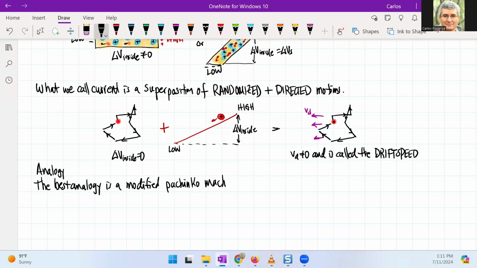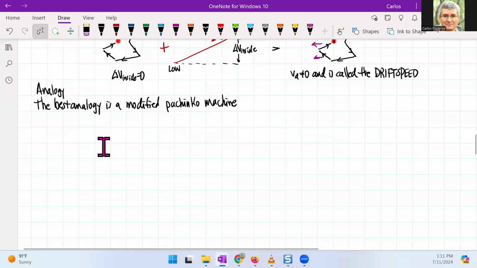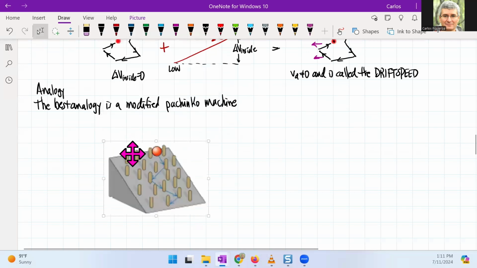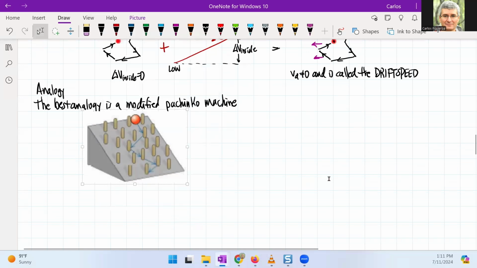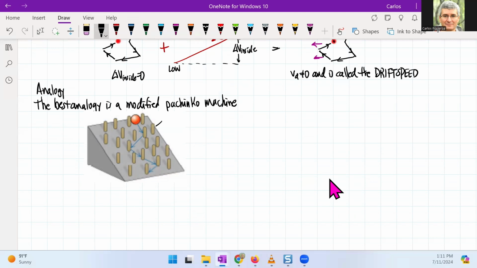Now, this is a Japanese game, but if you modify it, it is super useful for explaining this. So you could see I have pegs, right? Right in here, you could see that these are the pegs. And we'll say that these pegs are actually the copper ions.